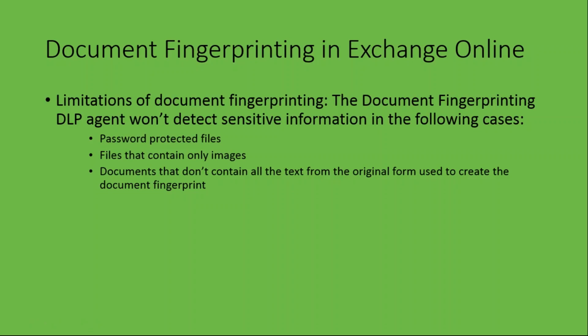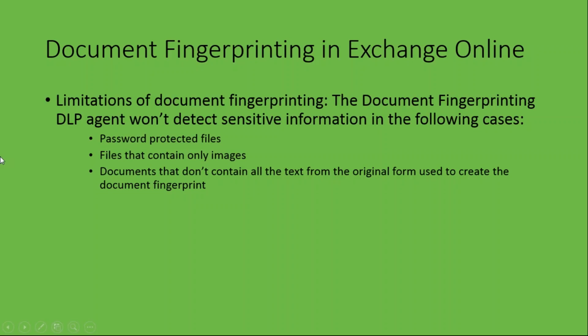To protect the document, it should be able to read its content, and only then can it check whether it's a sensitive document based on the template stored in the policy. So that is one limitation.